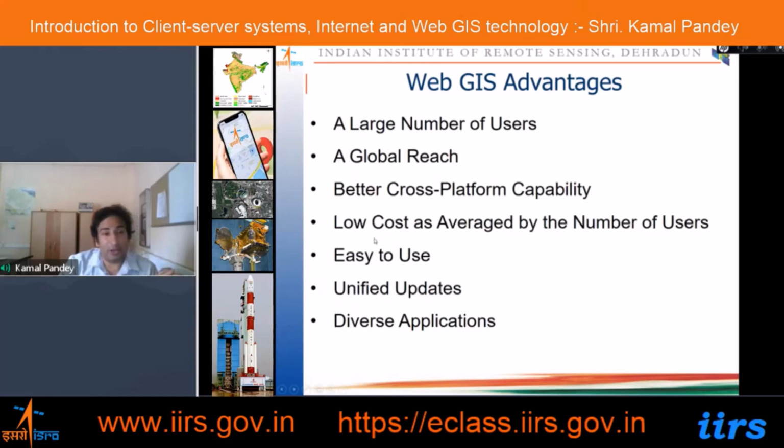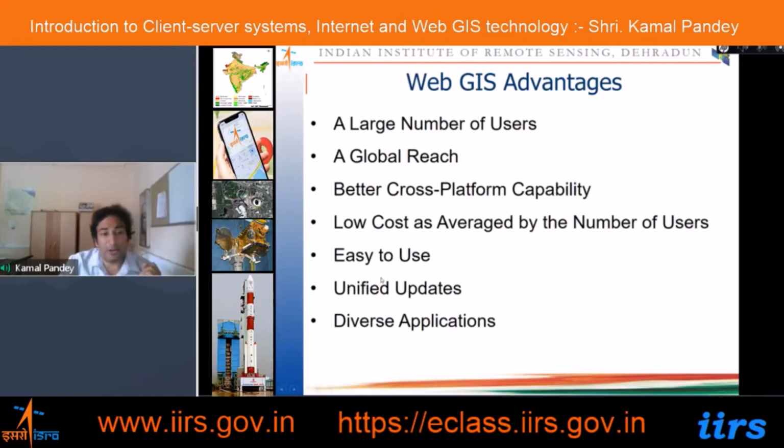So we have platform-based capabilities also. It is low cost as averaged by the number of users. Although we have kept a very heavy server at the server end, if we divide it by the number of users it is addressing, the cost will be very low compared to a single desktop-based GIS application. It is easy to use; clients don't require very sophisticated software at their end. They only require a browser and they can do it there.